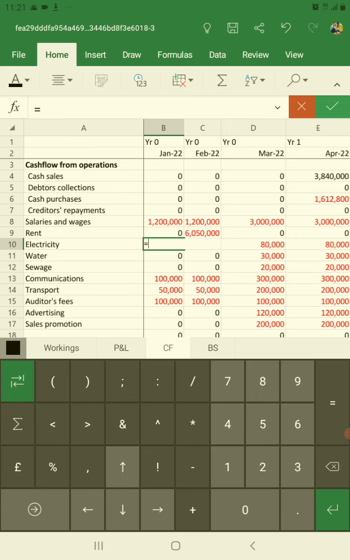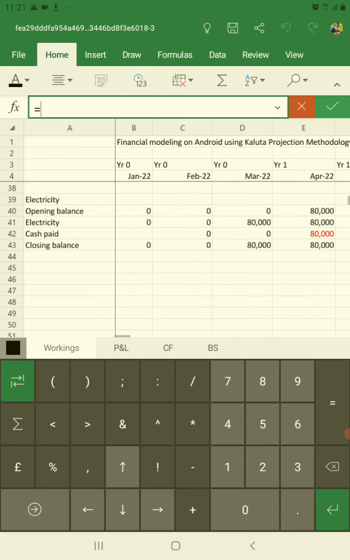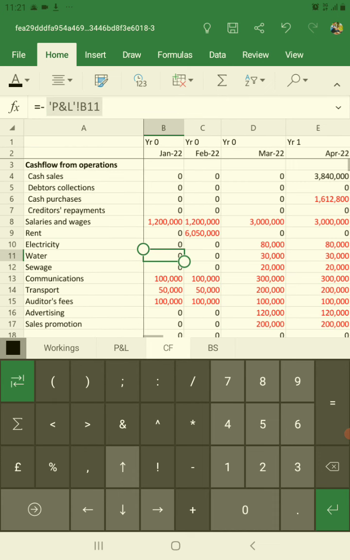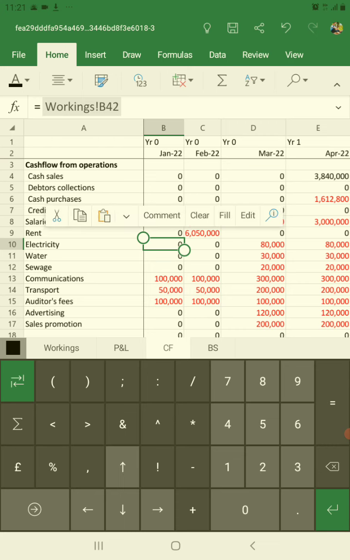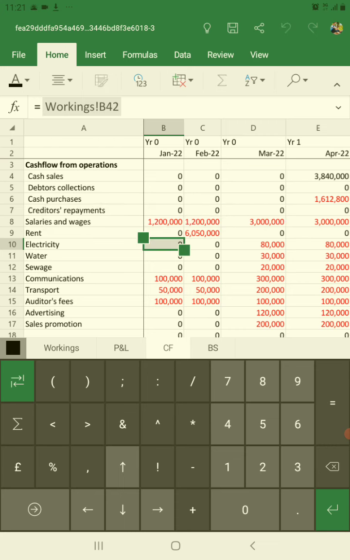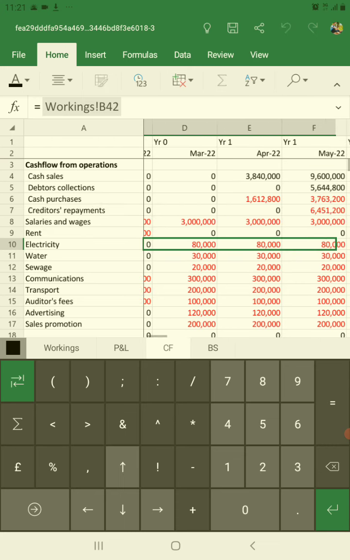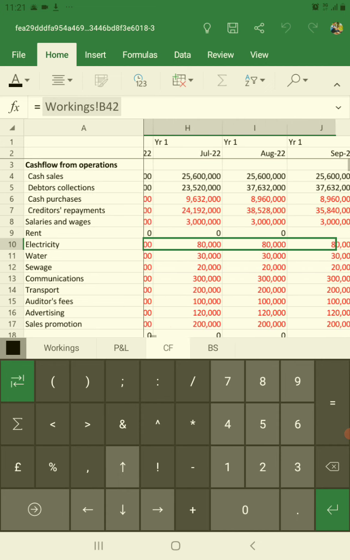So I just put an equal sign and then click on workings, and then go to click on cash paid for January here, and then enter. So I fill this to the rest of our projection period.